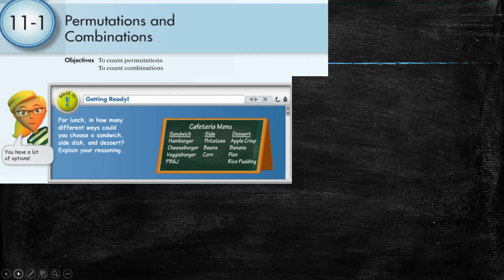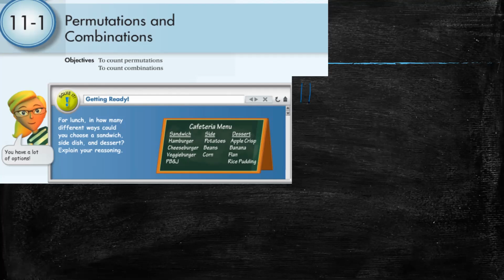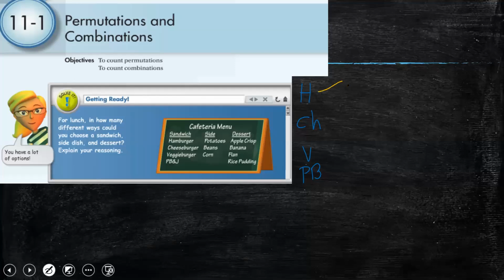So here you have many choices. Let's say H is hamburger, then cheeseburger, veggie burger, and peanut butter as PP. Now, with the hamburger, you can take potato, beans, or corn.